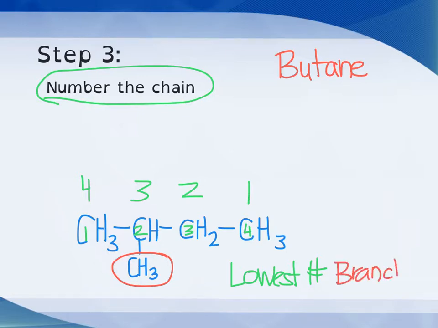Our branch could be on carbon 2, or it could be listed as carbon 3. So we are going to want to pick the direction of numbering that will give us the lowest number for our branch. If we look at that, our 2 versus our 3, our left to right numbering is the best choice.